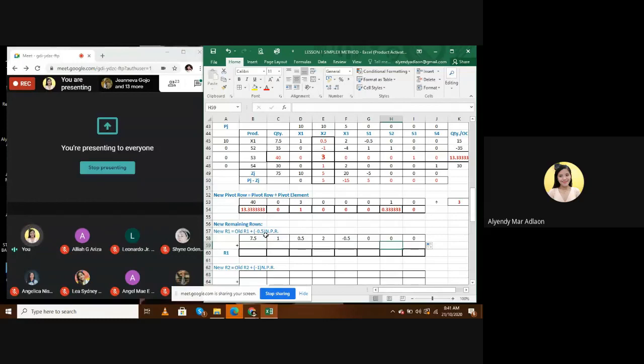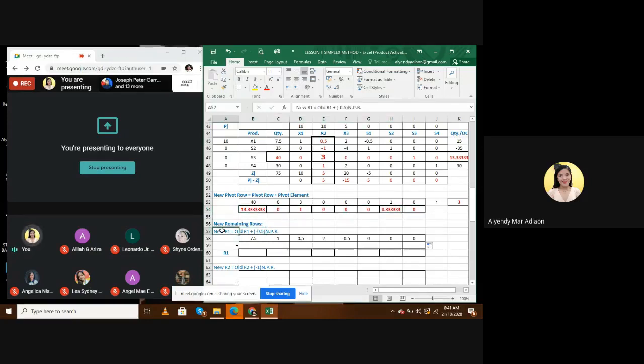Ahaman daw siya i-plus. I-plus siya ani. New pivot row multiplied by the pivot element sa each row. Okay? So, ang new pivot row, kato nakuha na to sa first, no?